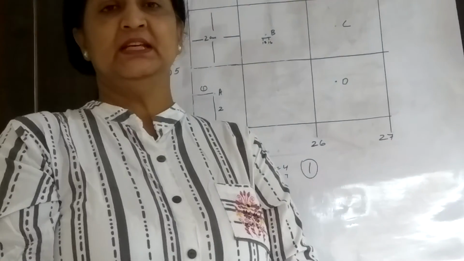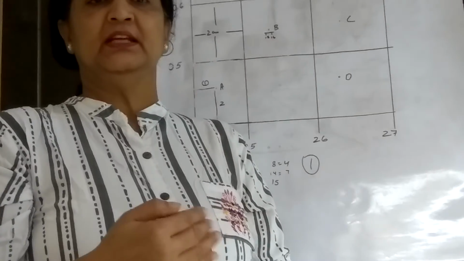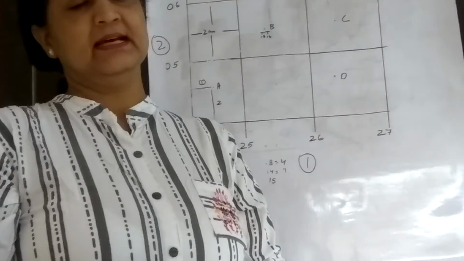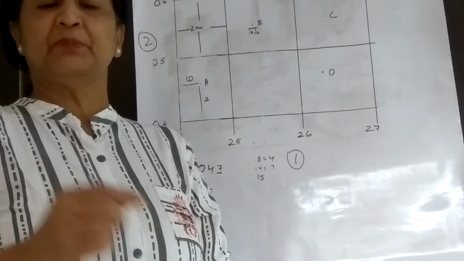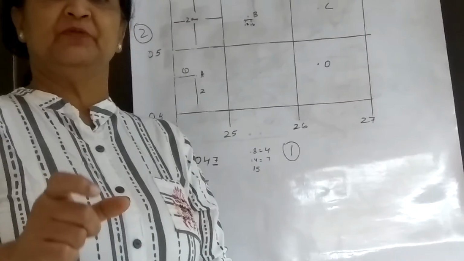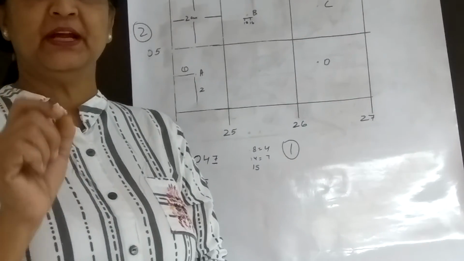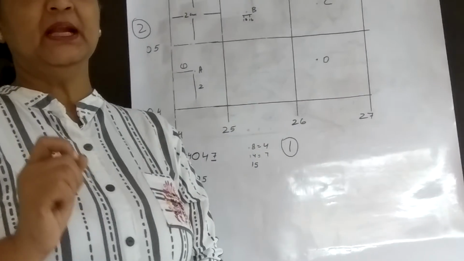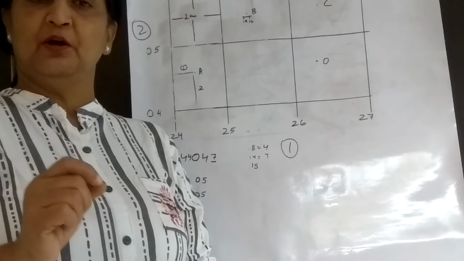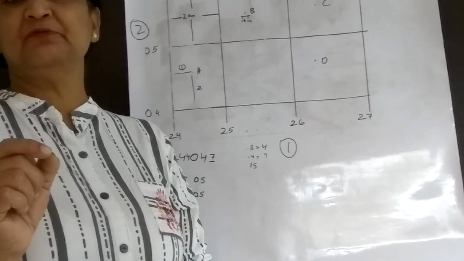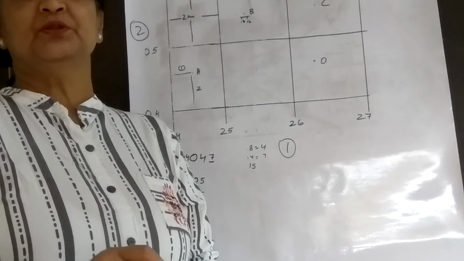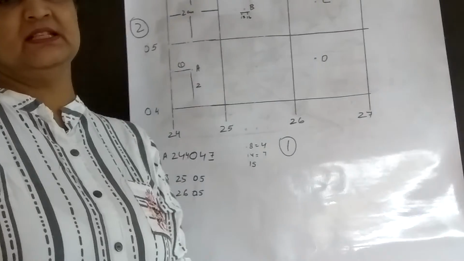The particular point was not exactly on any odd number. It will be lying between one odd and one even, because 2 millimeters is a very small area. So this is how the six grid reference is taken.